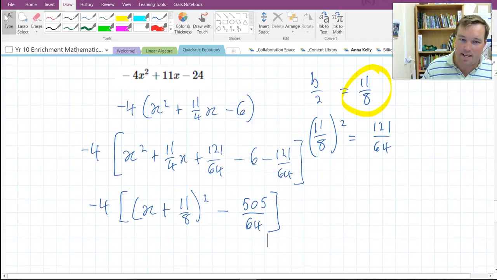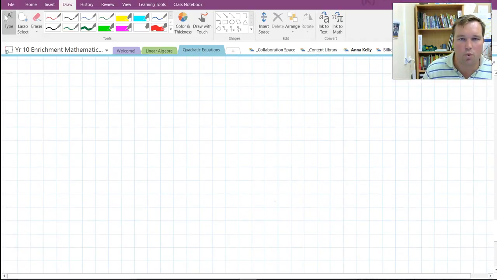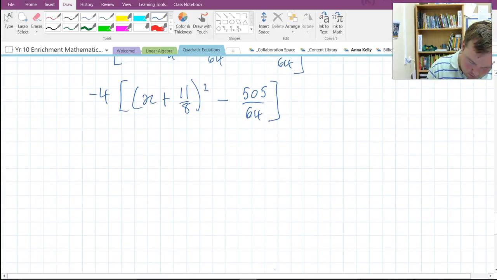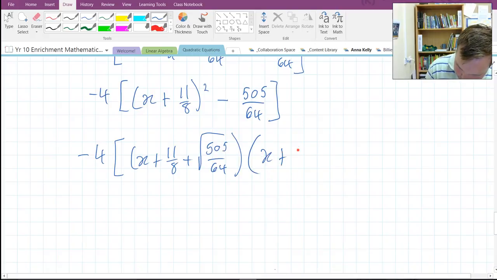Haven't factorized it yet. Minus 4, bracket, x plus 11 on 8 minus, or plus, doesn't actually matter, square root of 505 on 64, curly bracket, x plus 11 on 8 take square root of 505 on 64.